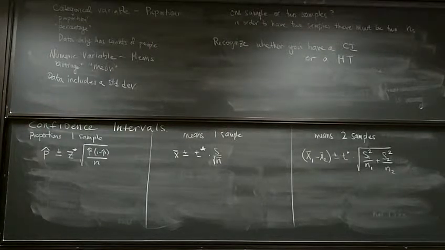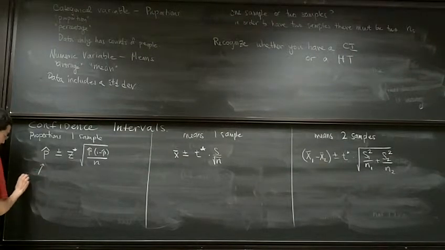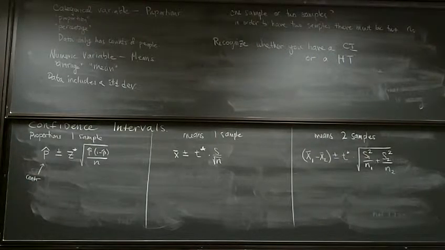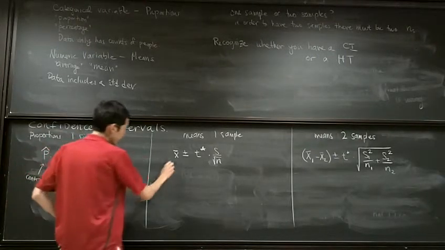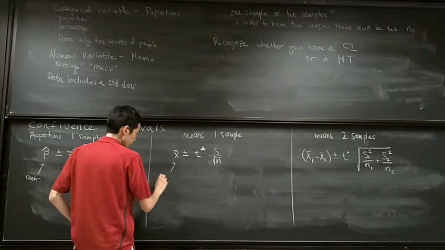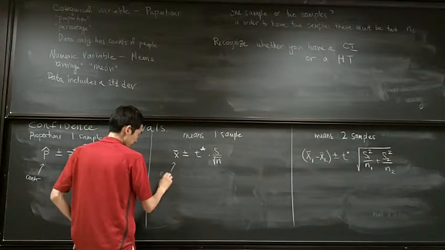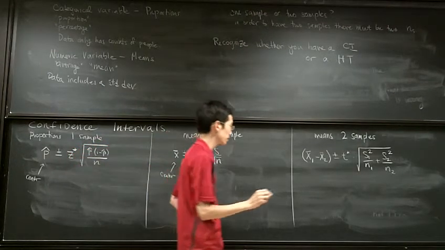It might ask you questions like, what is the center? The center of a confidence interval is P hat. Center is always the part that comes before the plus or minus. This is the center.